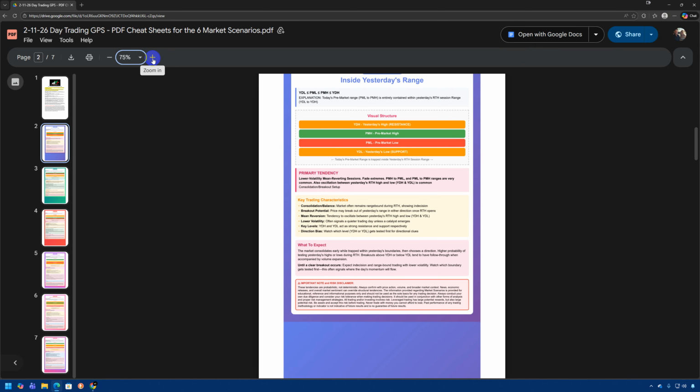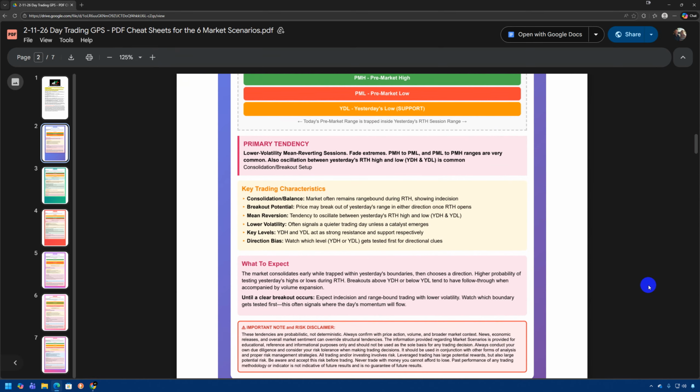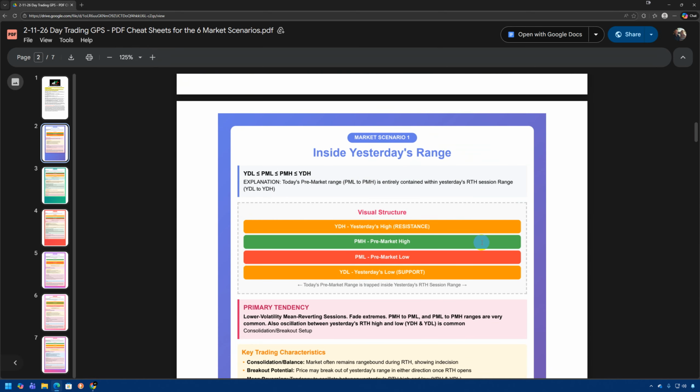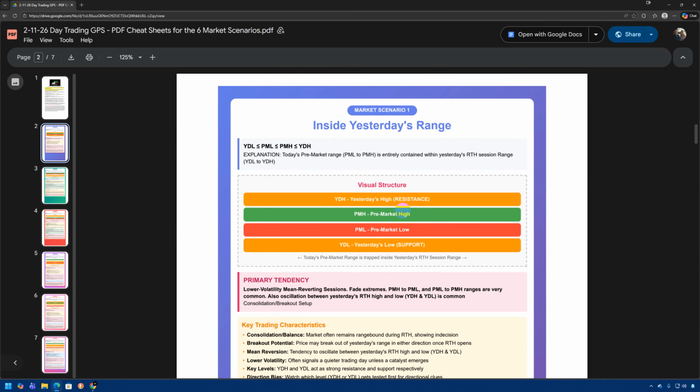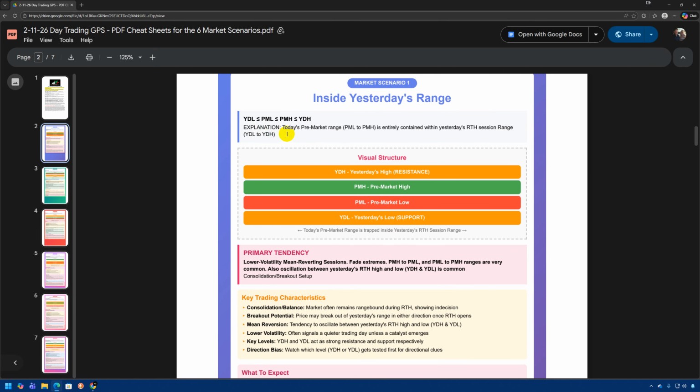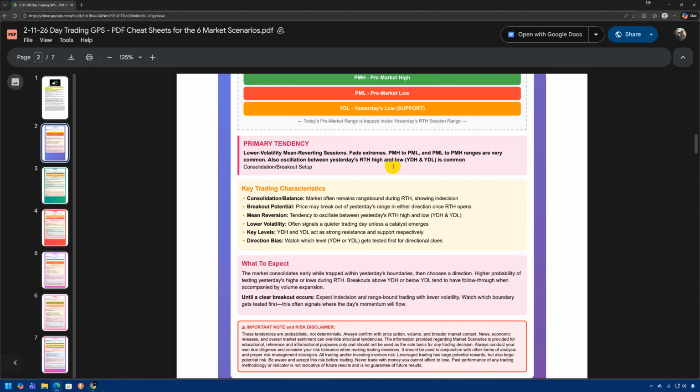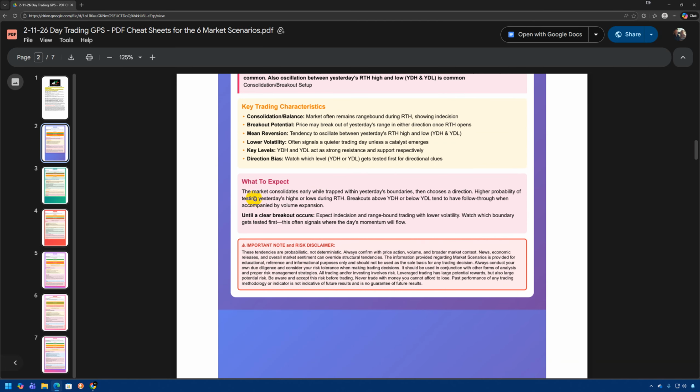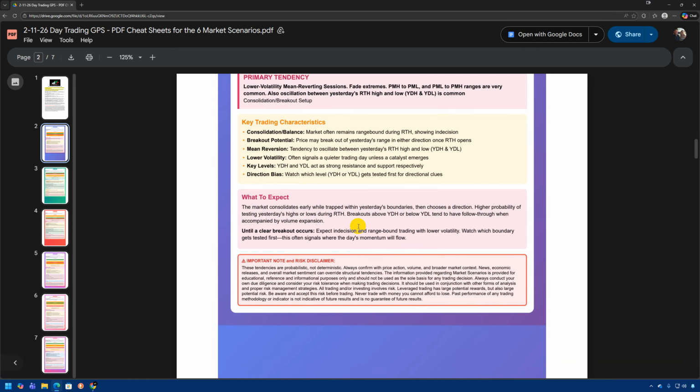Okay, now we'll just look as an example at one of them. Since you'll be getting these, you can look at all of them on your own. Market scenario 1, inside yesterday's range: explanation, visual structure that gives you a visual of the explanation, primary tendencies, key trading characteristics with bullet points, what to expect, and then finally the note and risk disclaimer.